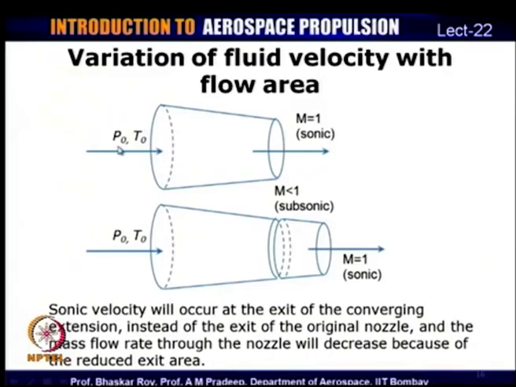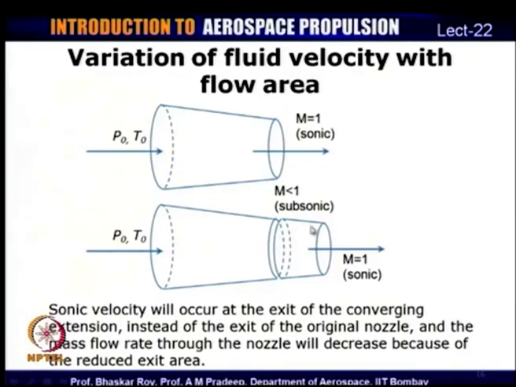So, a flow which has a certain total pressure and temperature at the inlet of the nozzle, a nozzle section is shown here, will accelerate. The maximum that it can accelerate is Mach number equal to 1. So, what if you reduce the area below this, that is, at the end of this nozzle let us attach another nozzle, hoping that this will accelerate it to supersonic speeds? Well, that is not going to happen.